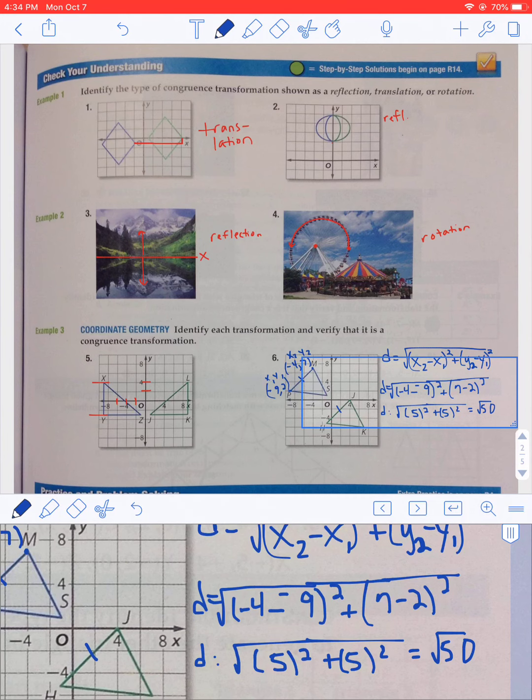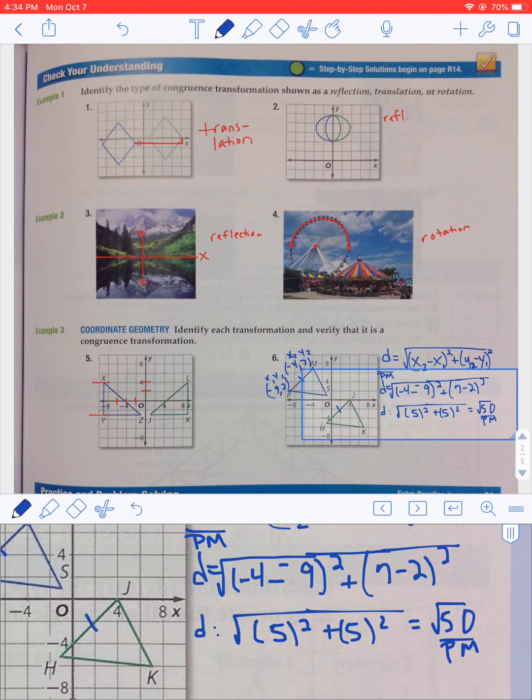All right, so that tells me that this segment PM, and actually I probably should have written that at the beginning, PM, okay, so I can keep track. So PM is the square root of 50, and I'll just rewrite it down here so we know exactly what we did. Okay, so now I'm going to confirm that JH is also the square root of 50.